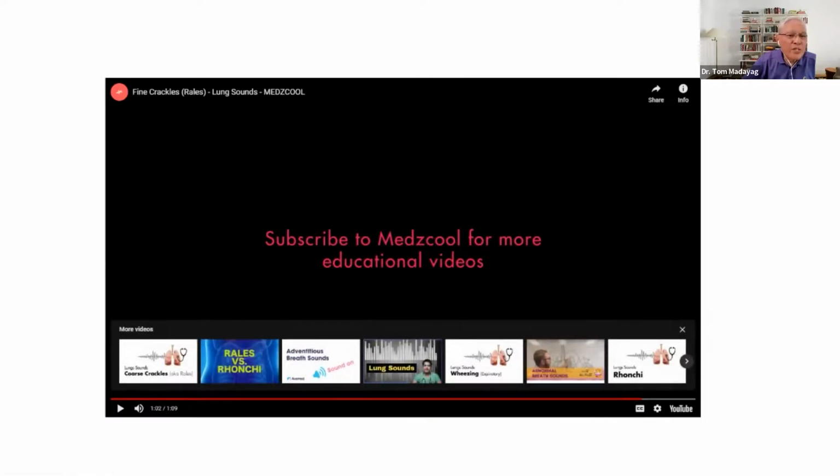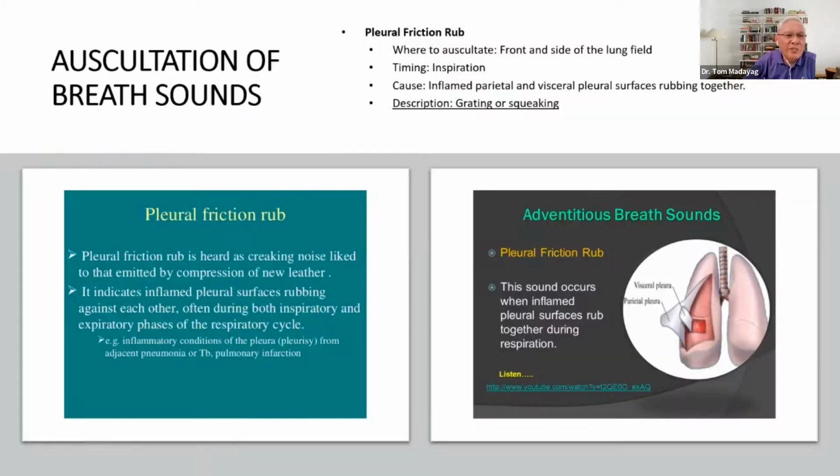Okay, so those are the rales or crackles. And of course, they're going to be either a coarse crackle or perhaps a fine crackle.